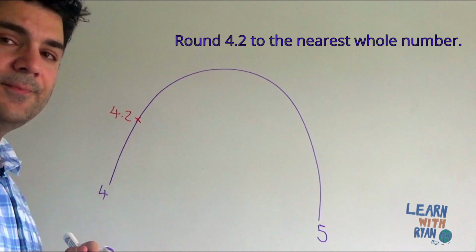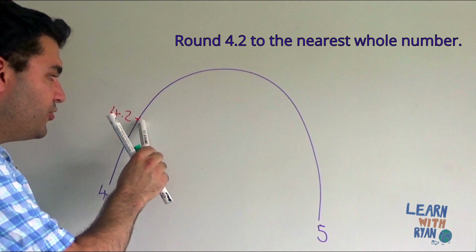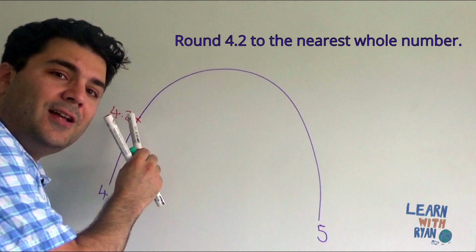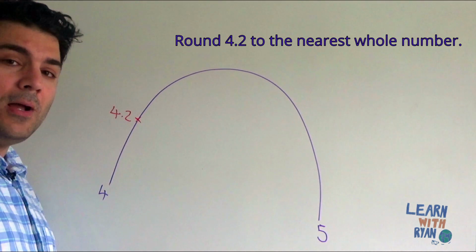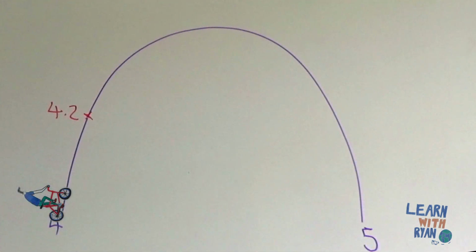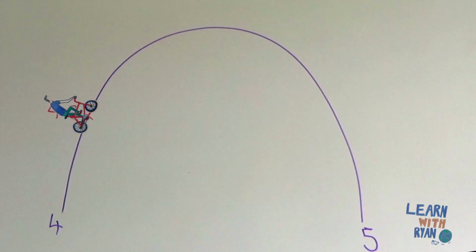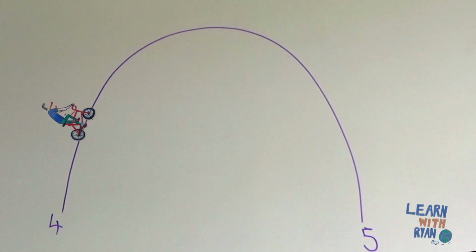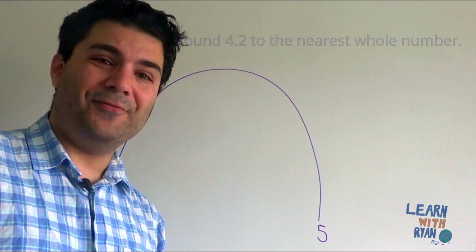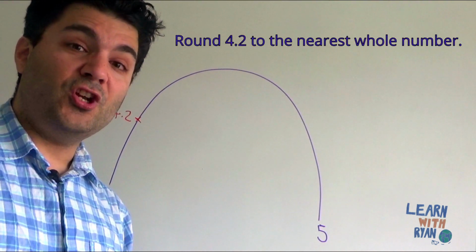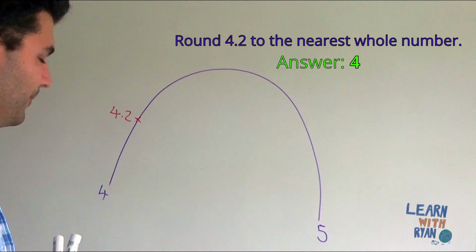And suppose you're riding a bike from 4, but you stop at 4.2 and you stop pedaling. Where are you going to end up? Well, imagine you're riding a bike up to 4.2, you suddenly stop, you're going to fall back down to 4, aren't you? And therefore, 4.2 rounded to the nearest whole number is 4.